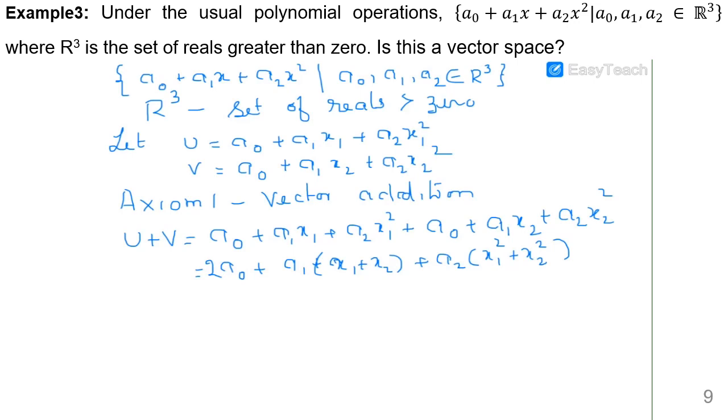And you can observe here all these coefficients a0, a1, a2 are positive. So it satisfies the condition that R cube is a set of reals greater than 0. So I can write here it is closed under vector addition.